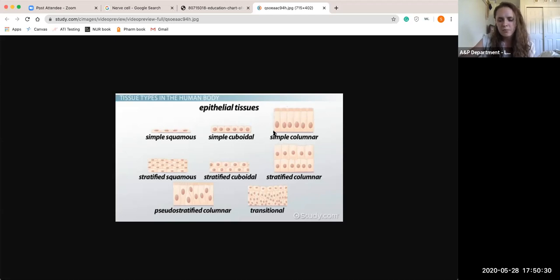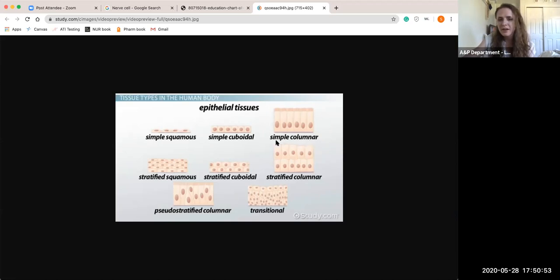Simple means one layer. Columnar means column-shaped, so one layer of column-shaped cells. This is found anywhere you would want to absorb nutrients: your stomach, your intestines, your colon.